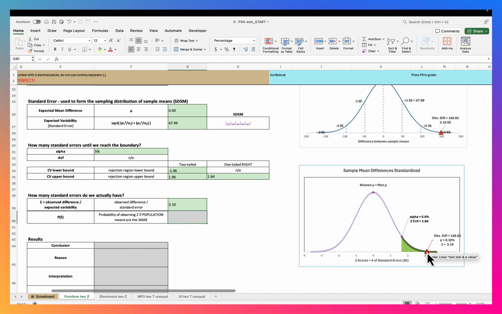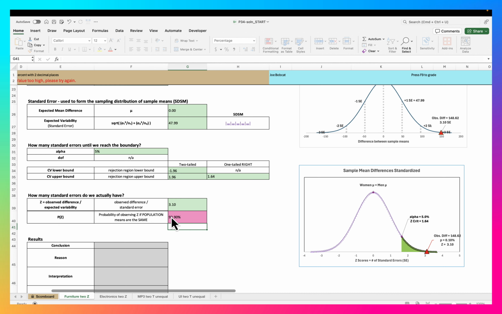And now we need to calculate the probability. You already get a glimpse of what it's going to be, but let's see if we can calculate the same number. So that's going to be equal to NORM.S.DIST of z, and then it's TRUE because it's cumulative probability, but we're on the right tail, so this is going to give us the wrong number.